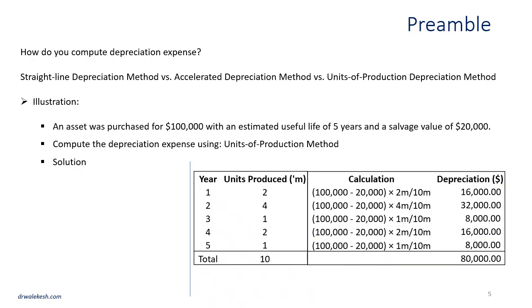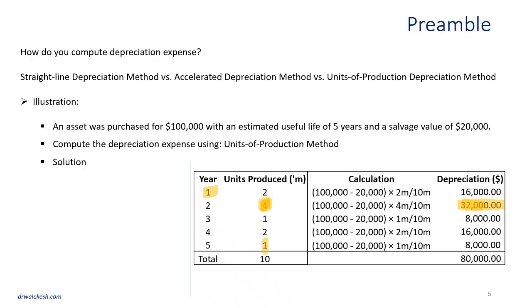From what we computed on the previous slide, you can easily deduce that the depreciation expense on a yearly basis is dependent on the estimated units produced on a periodic basis. When the units produced were on the high side, then the depreciation expense was also high.